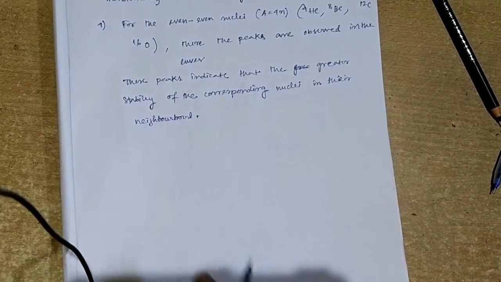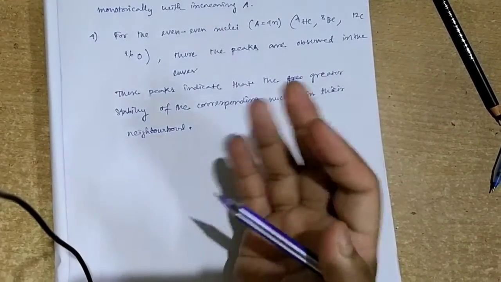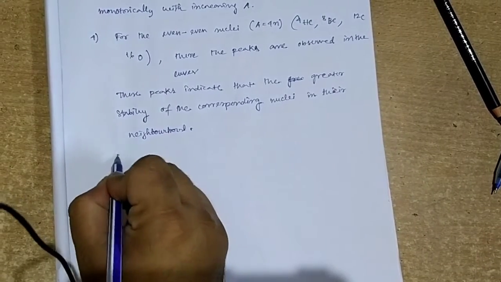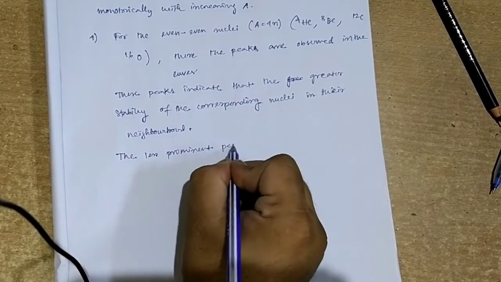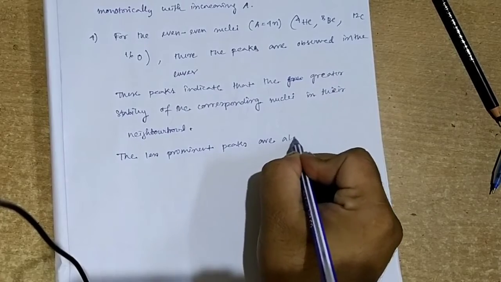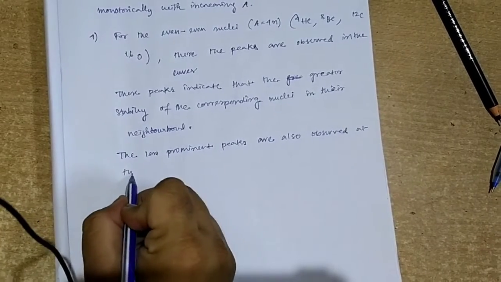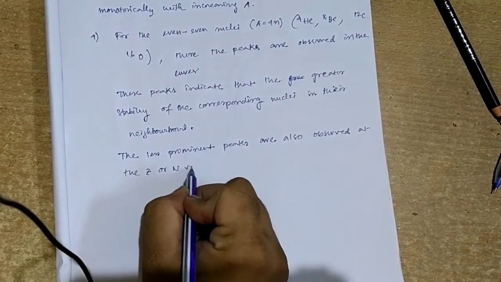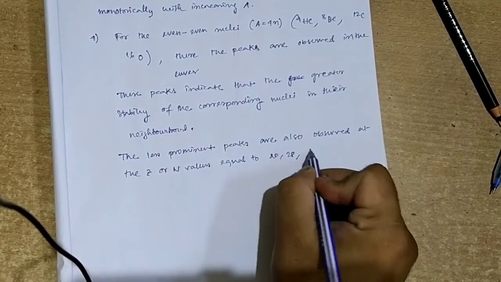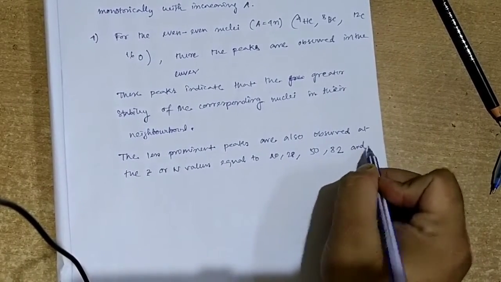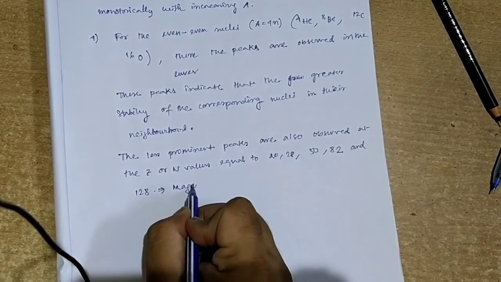Okay, and less prominent peaks are also observed at Z or N values equal to 20, 28, 50, 82 and 128, and this type of nuclei are called magic nuclei.